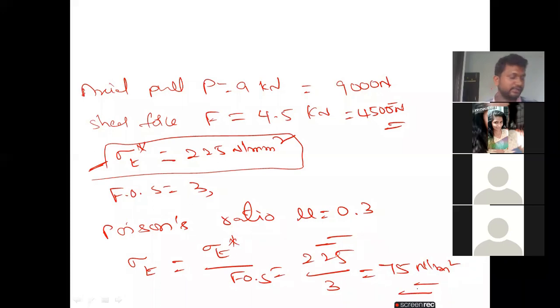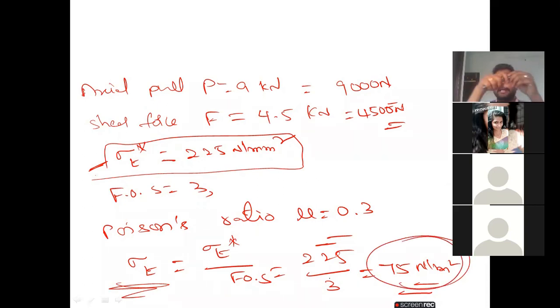So my dear students, the permissible stress in tension, sigma T, the formula we know already: the stress in simple tension by factor of safety, sigma T equal to sigma T star by factor of safety. From this we got 75 Newton per mm square. Okay, this is the first step.